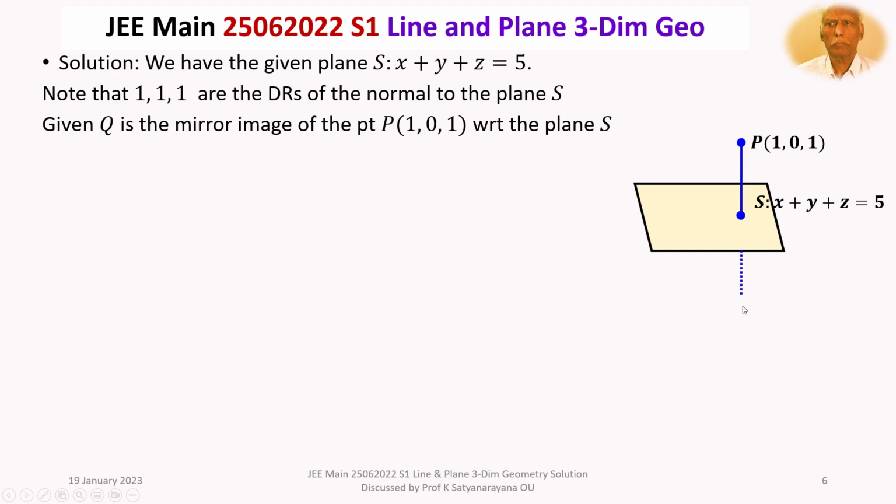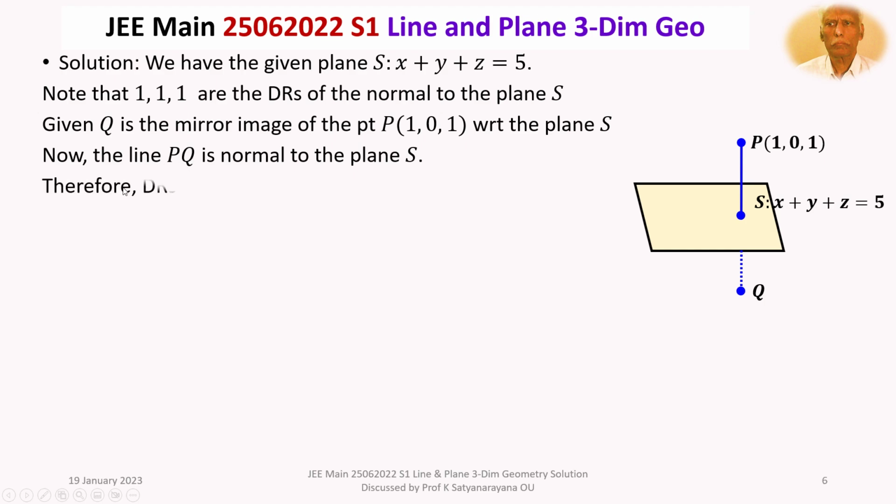Its mirror image is Q. And now the line PQ is perpendicular to this plane S. That is, PQ is normal to the plane S. And the direction ratios of the normal to the plane are 1, 1, 1. Therefore, the direction ratios of PQ are 1, 1, 1.